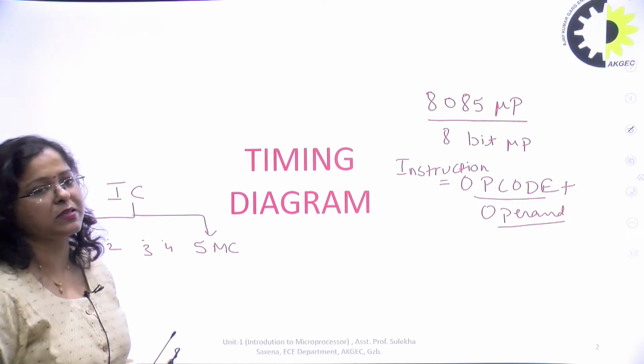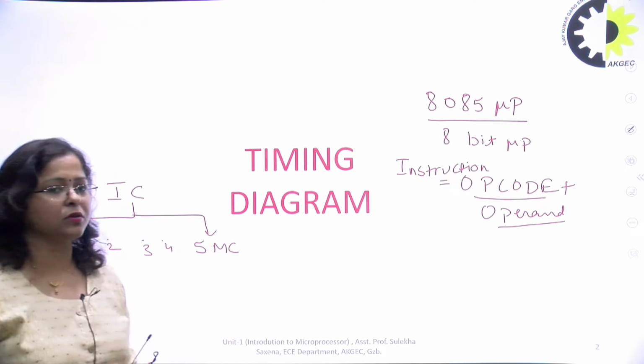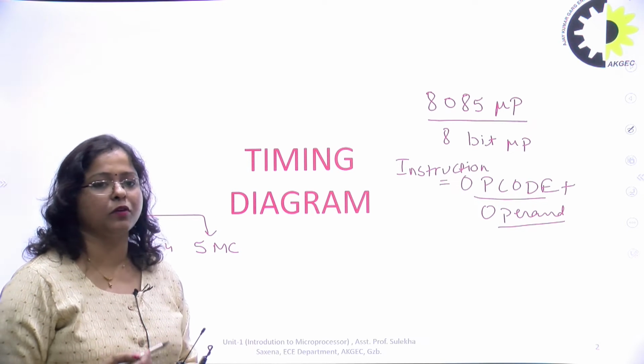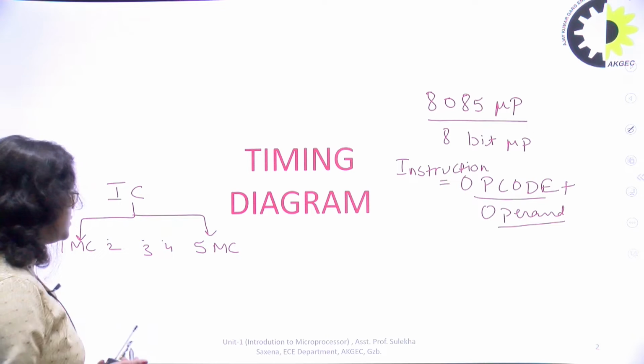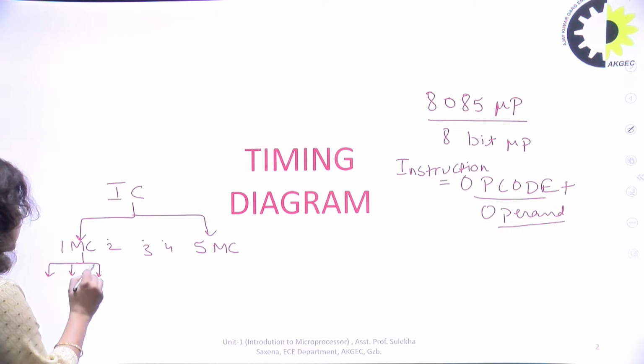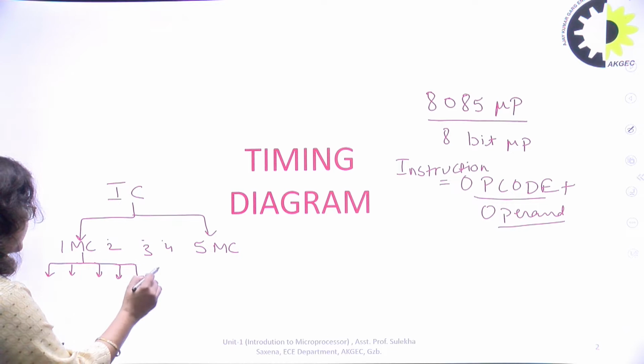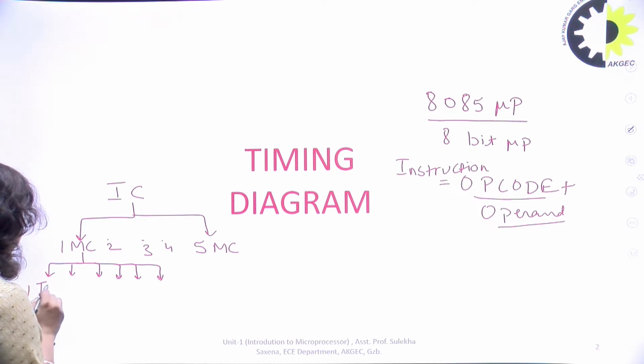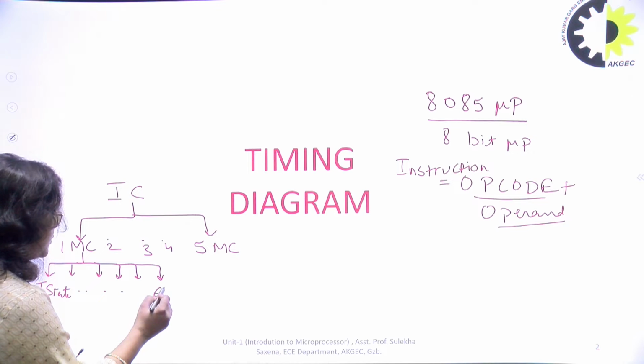Machine cycle is basically the time required to complete one operation from the microprocessor. And one machine cycle consists of 3 to 6 T states, where a T state is nothing but one time period taken by the microprocessor.